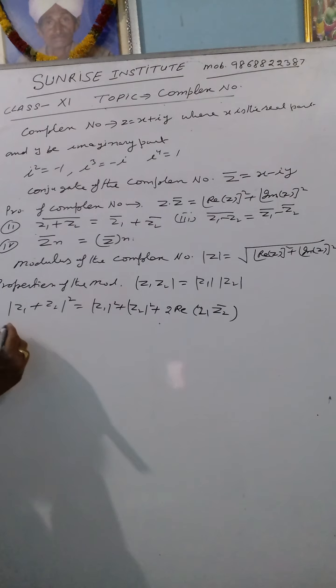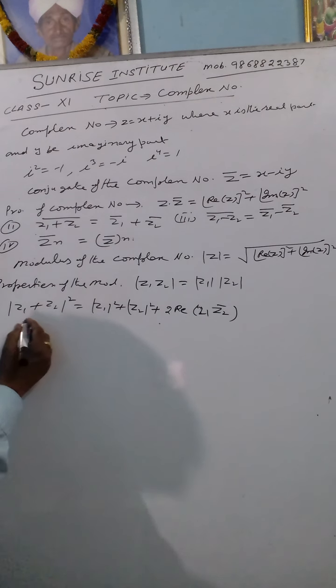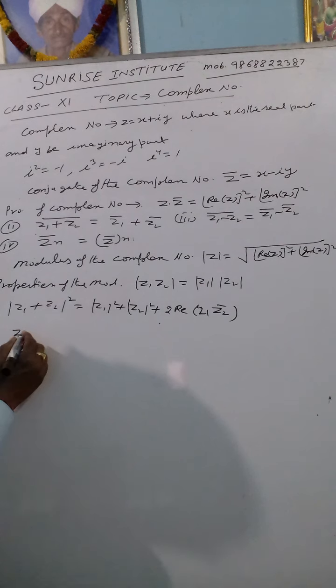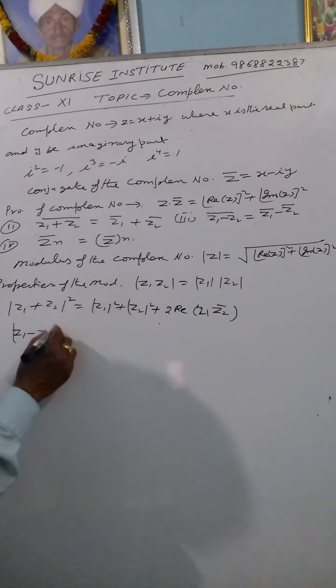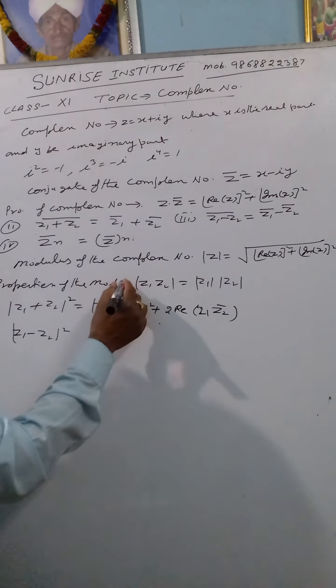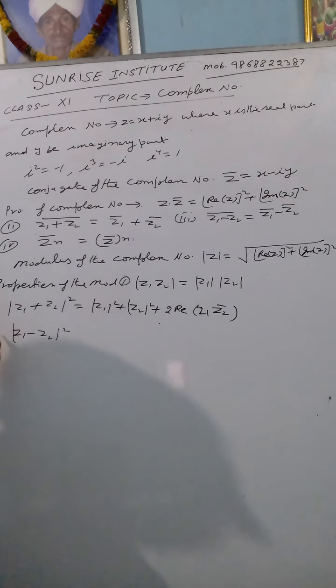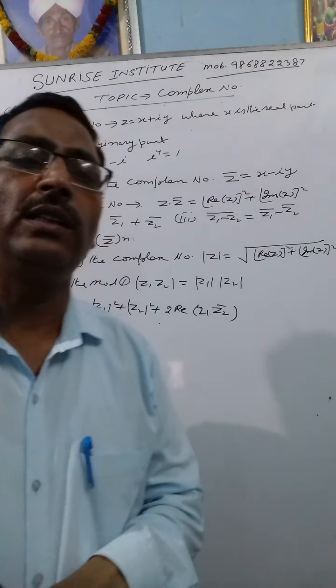Okay students. Next, z1 minus z2 whole square; this is the first property, and this is the third property.